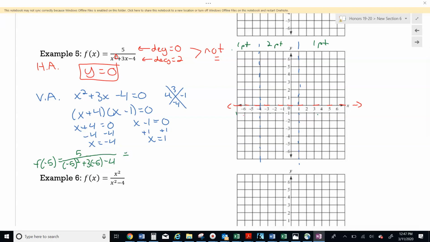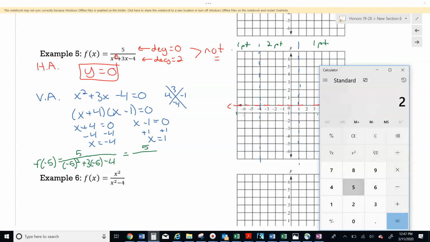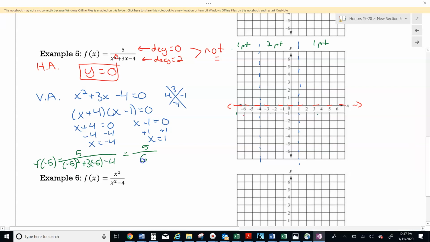And for this, feel free to type it in a calculator. On the top numerator, we obviously have 5. Negative 5 squared is 25. Minus 15. Minus 4. 5/6. Okay. So it's positive. Almost at 1.